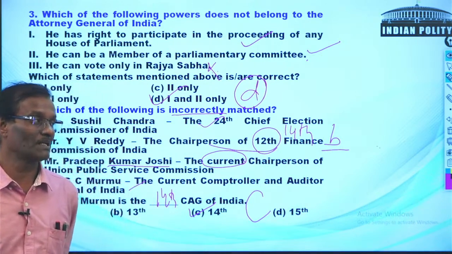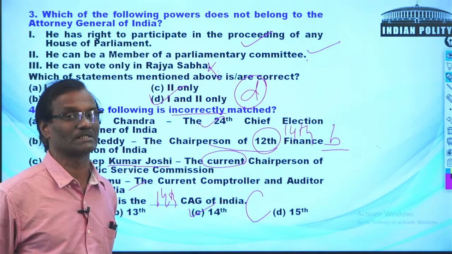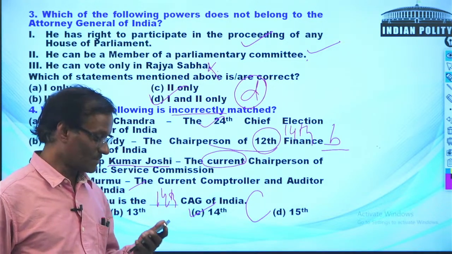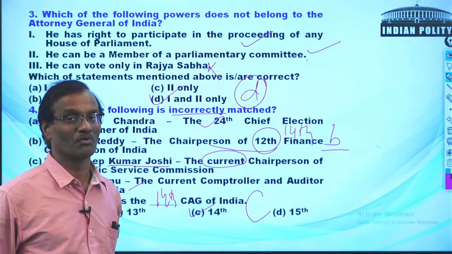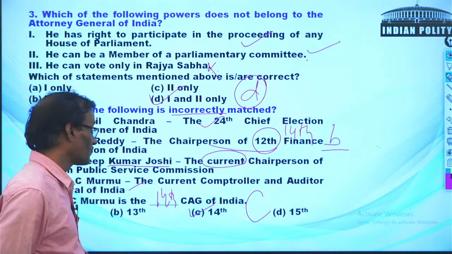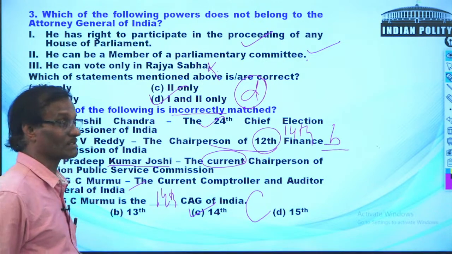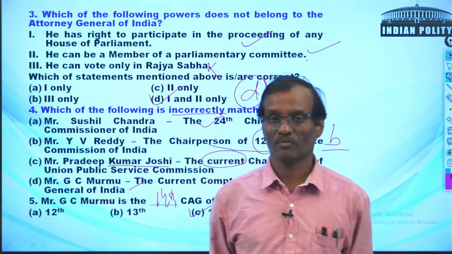Because before independence, the first Comptroller General of India for British India was appointed in 1860, and the chairperson was Edmund Drummond. He was the first chairperson. V. Narahari Rao is the first chairperson CAG after independence.